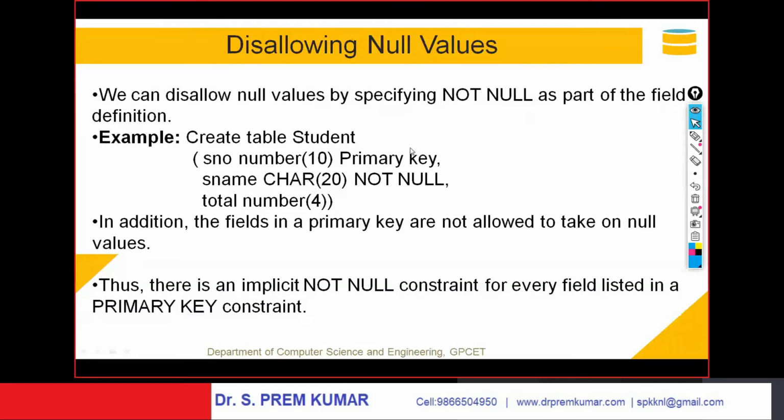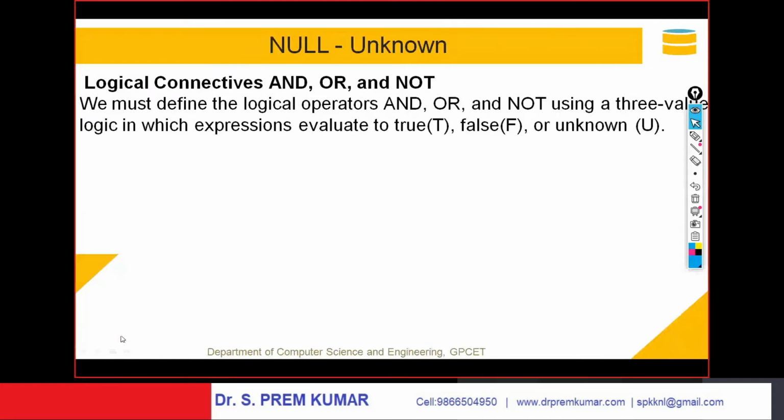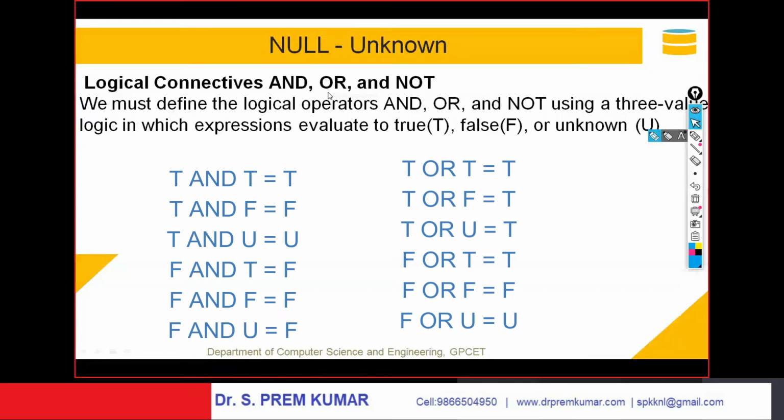For example, let us observe this with the AND operator. If I use true and true, it is true. If I use true and unknown, unknown means null value, your output is unknown.